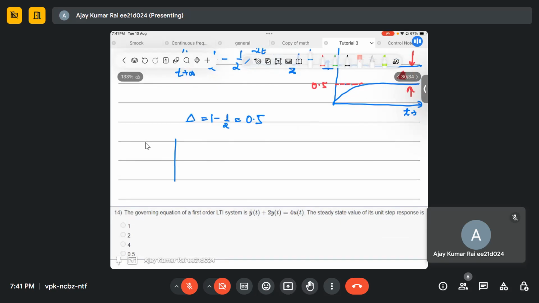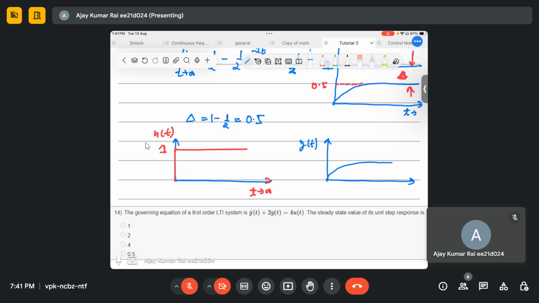So u of t is like this, and this is equal to 1. As t tends to infinity, it remains at 1. And for the response y of t, let me draw the response. So the response is like this.